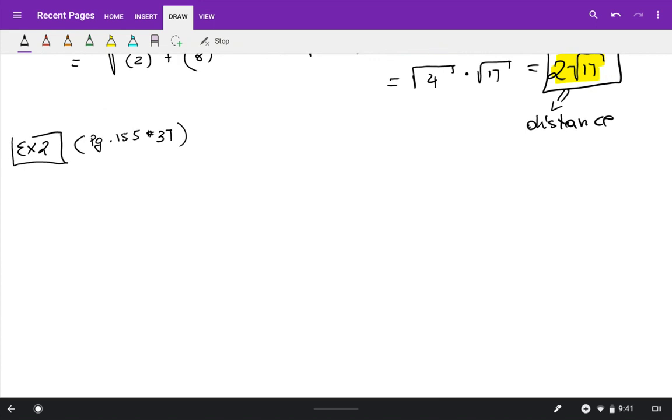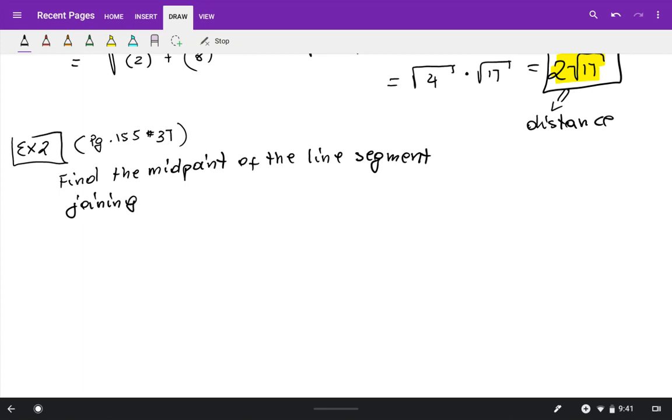So here in this problem, they ask us to find the midpoint of the line segment joining points P1 and P2.